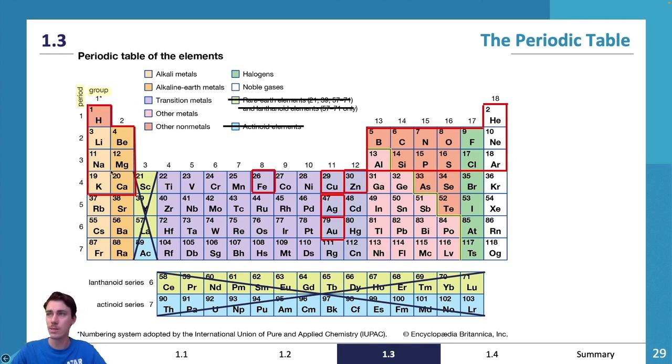Groups don't really refer to anything chemically, but your groups have similar properties chemically and physically at times. You're going to be looking at these a lot. You're not expected to know how to draw one out or memorize it. Please do not. It's a waste of time, but you will go through these.